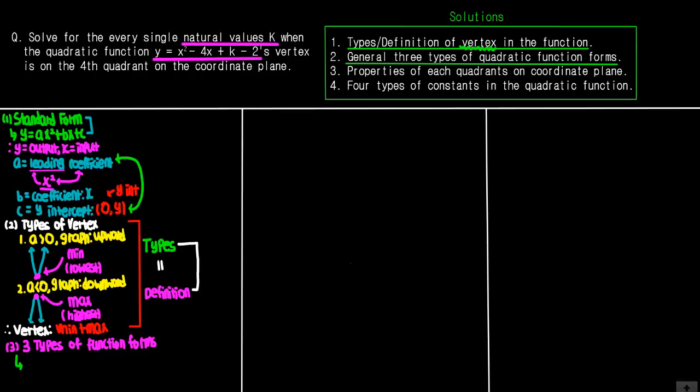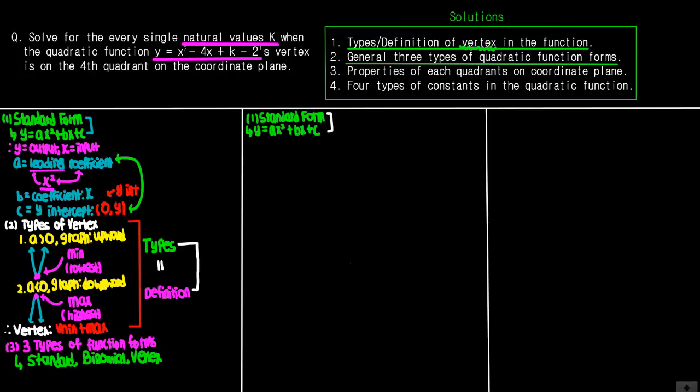For the three types of quadratic function forms, there are standard form, binomial form, and lastly, vertex form. Let's think about what each function form is optimized for.